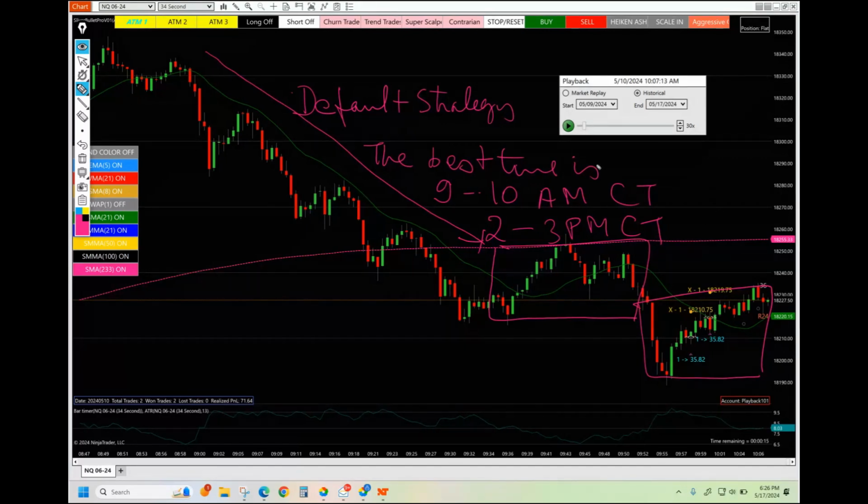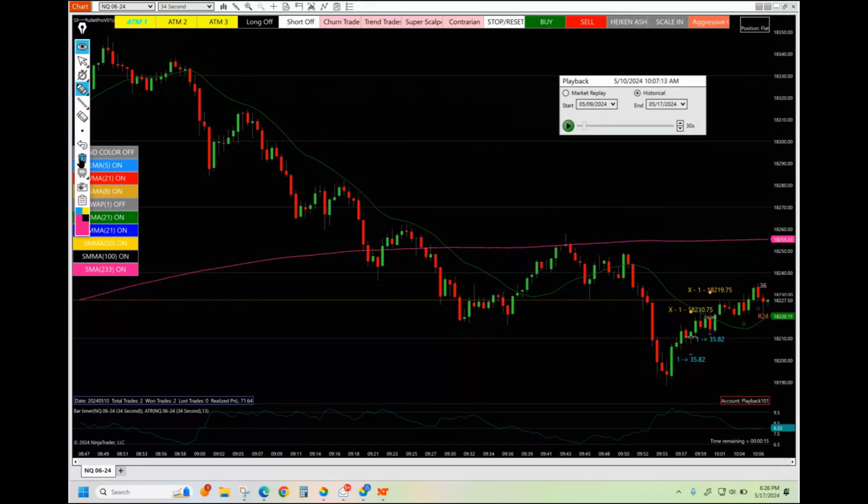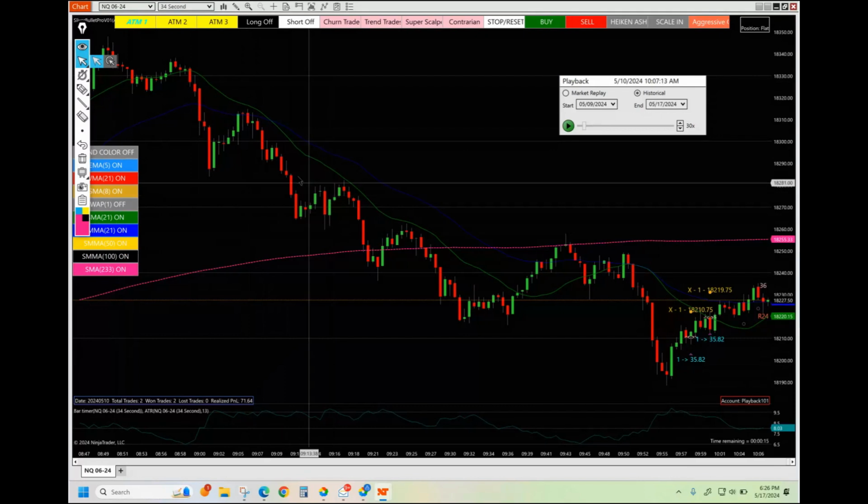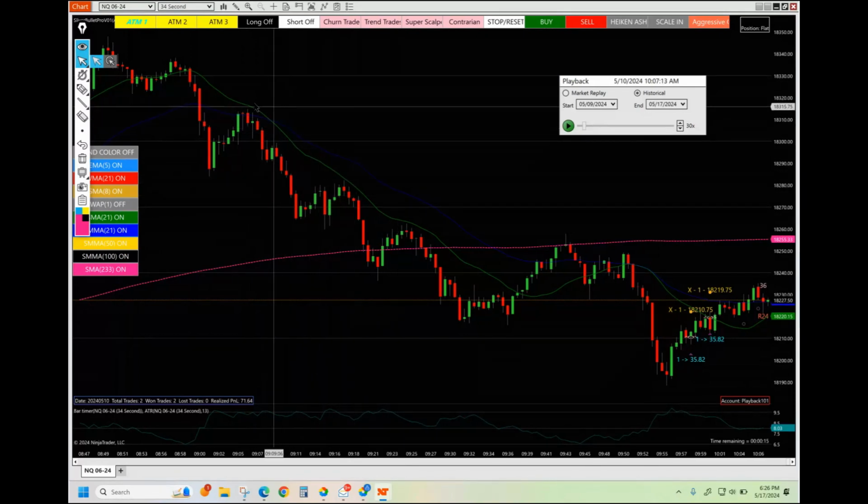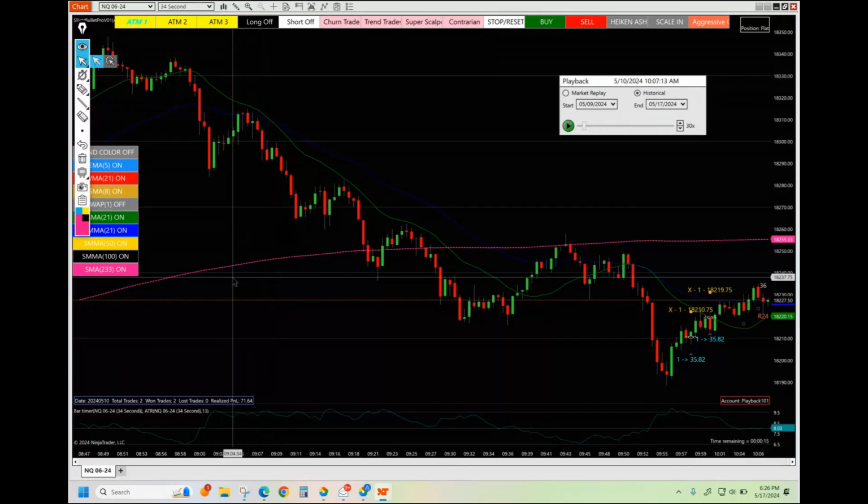Another way of finding whether there is a good trend or not is turning on another indicator, which is SMMA 21. Here you see these two lines are quite parallel.